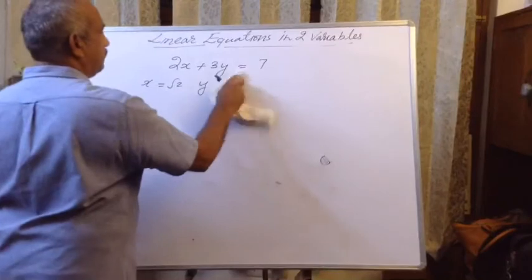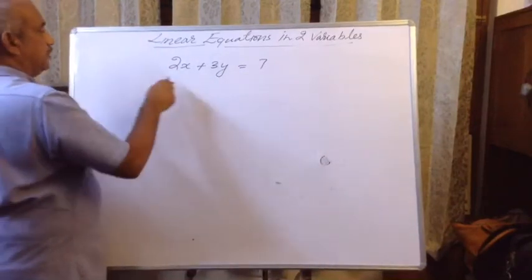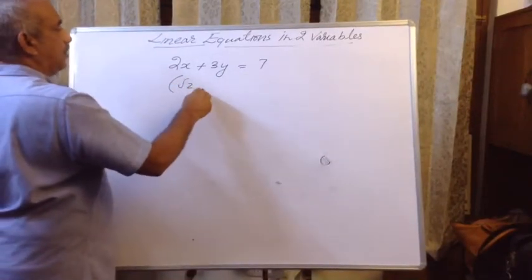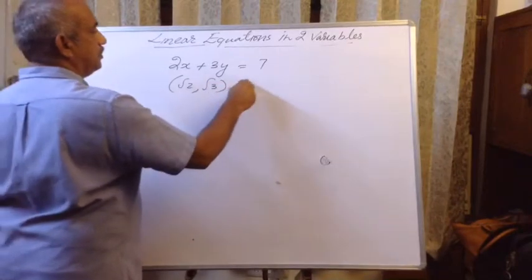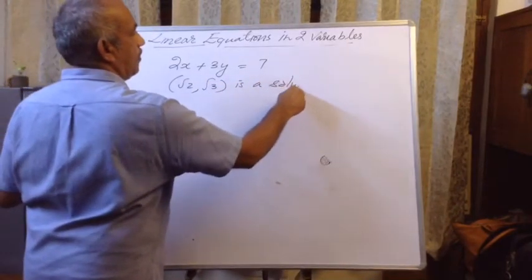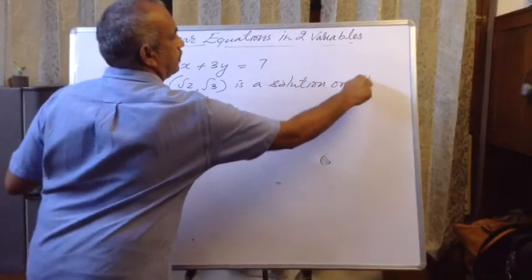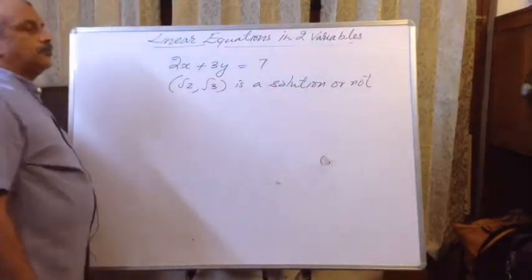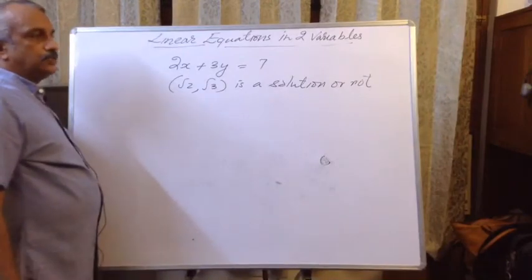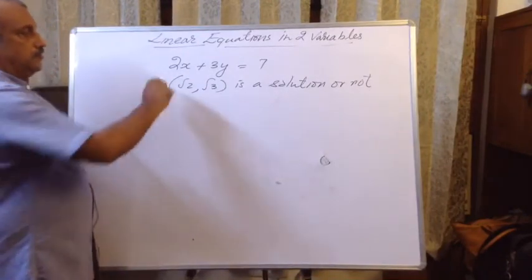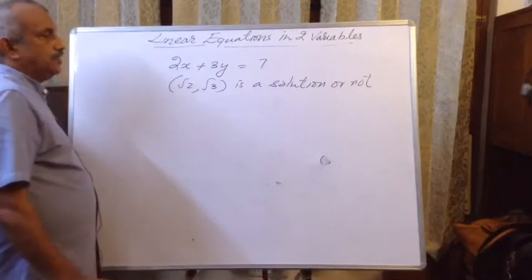It can be simply written like this also, so don't get confused. Check whether root 2 comma root 3 is a solution or not. You will put root 2 in the place of x and root 3 in the place of y.